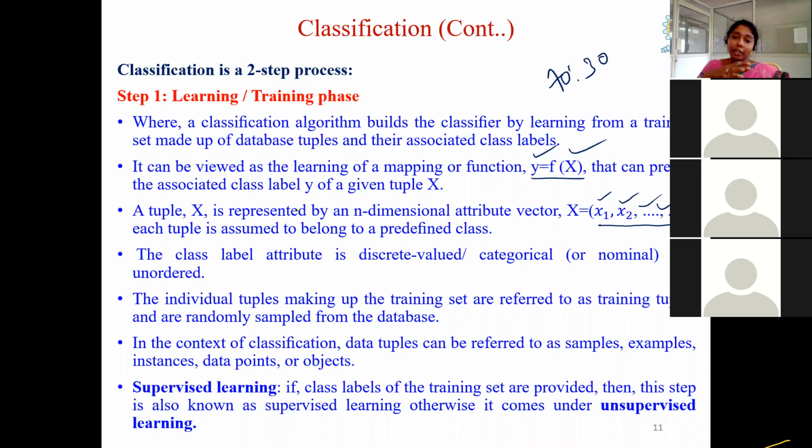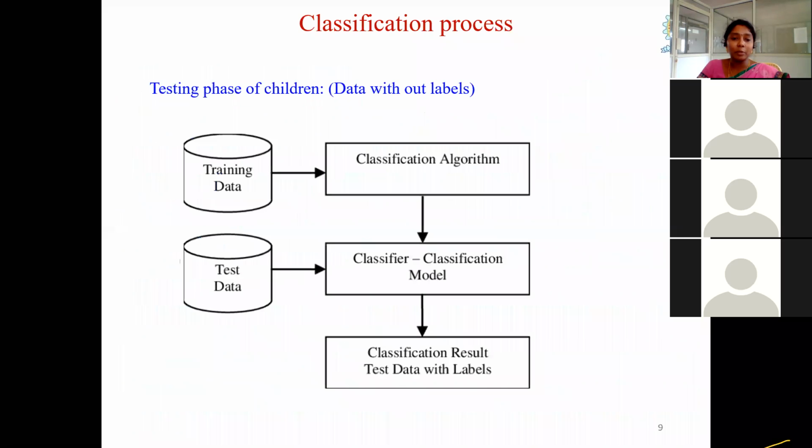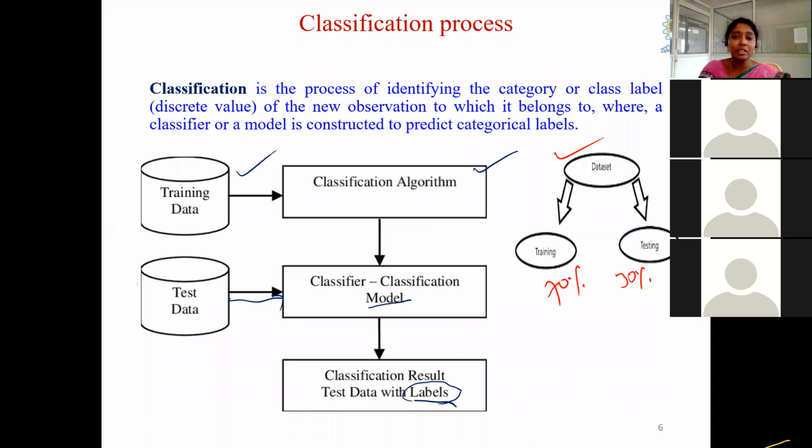You can backtrack to the original process. Here, you randomly selected 70% of the tuples as the training set.